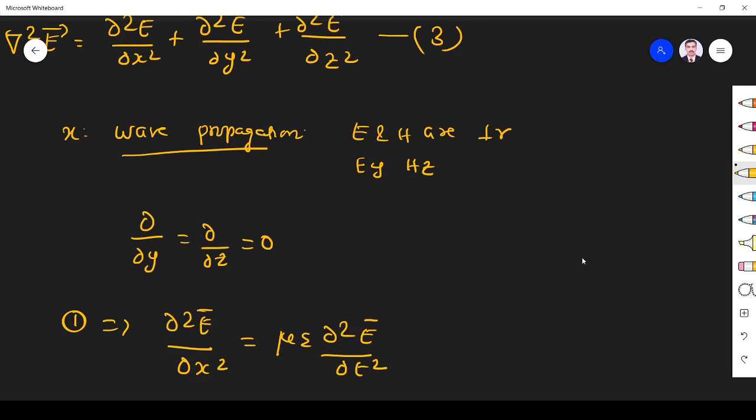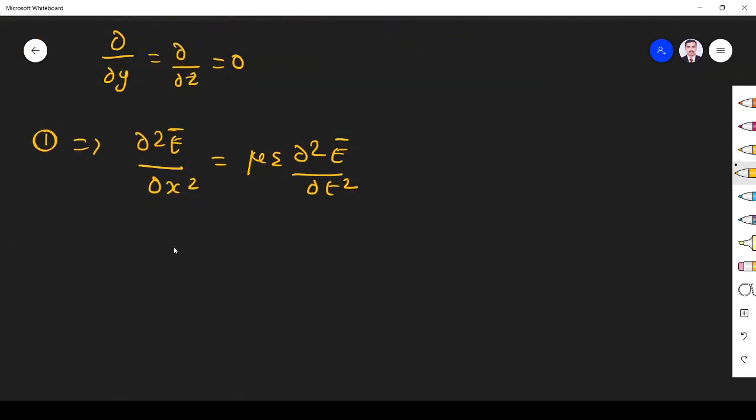Let us assume that E is a vector, and we know that E can be written as Ex in the i direction, plus the component along the j direction, plus the component along the k direction. Here we have three scalars Ex, Ey and Ez.